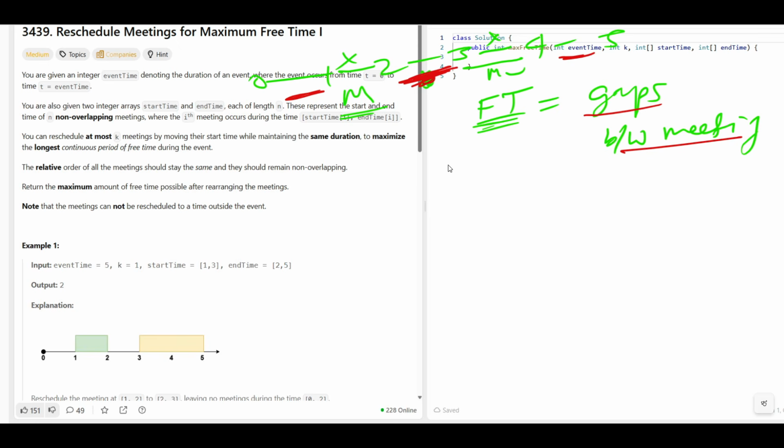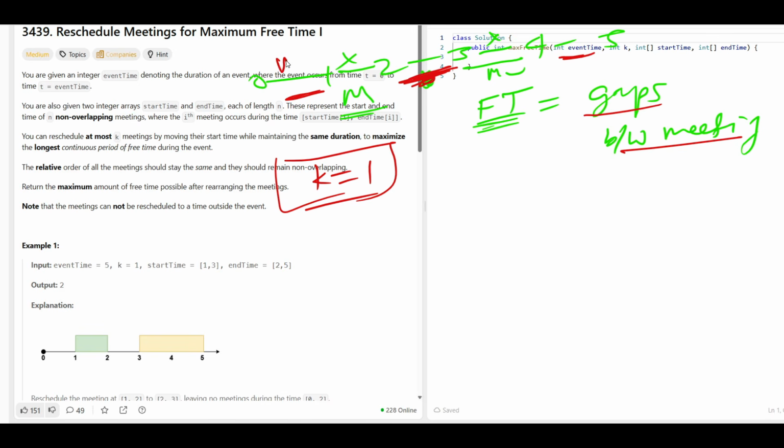If we shift up to k meetings earlier, where the number of movements is k, we might be able to merge the meetings together or move them to the start, and we'll create gaps elsewhere, as we have seen in option 1 and option 2. So our goal is to slide the meetings closer together to maximize one big free interval.